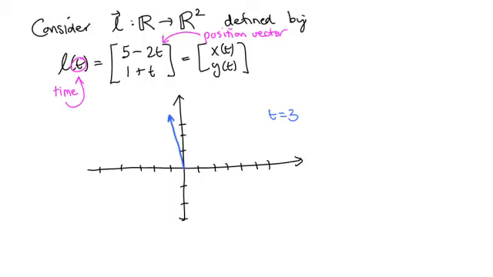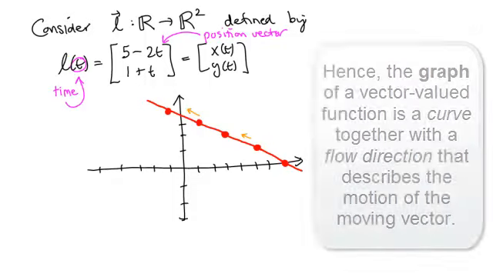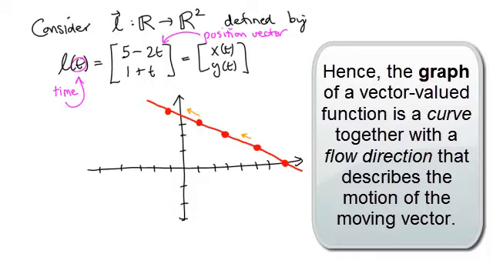So let me try this one more time. By dragging the point, we see that we've traced the exact same line segment we had before. We recovered the equation of the line with a little bit of a flow to it, a directionality.